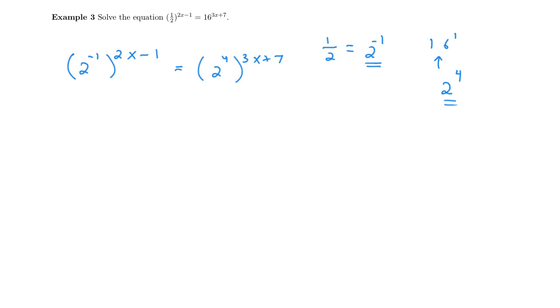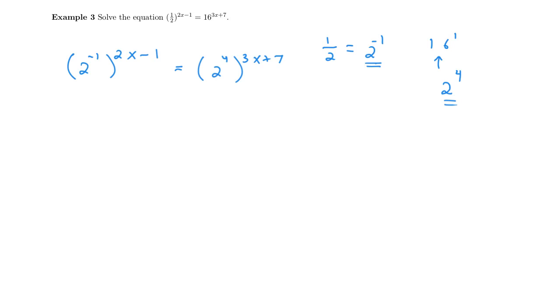Now I just have to be a little bit careful with my rules of exponents. So on the left, I have this negative 1 here, and I have this 2x minus 1. And the rules for exponents state that we would just multiply these two exponents together. The same thing would go for this 4 and this 3x plus 7. I'm going to take the product of those two things. That way I'm left with just one value as my base instead of like a 2 and a negative 1 or a 2 and a positive 4.